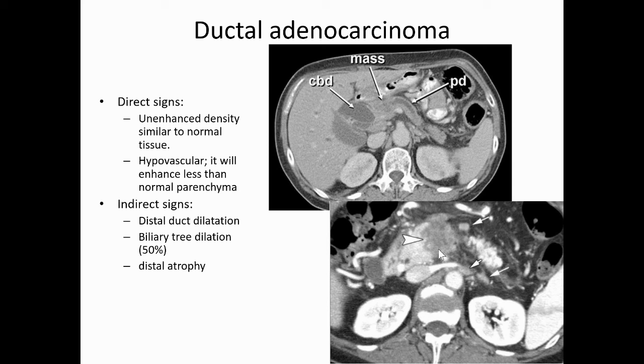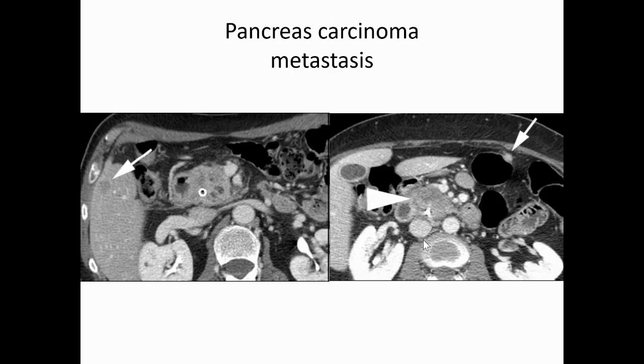So as you can see here on the arterial phase, the head of the pancreas and the tail of the pancreas enhanced nicely, but this lesion in the center of the image, shown by this arrowhead, is inhomogeneously hypodense, and that's suggestive of a cancer.